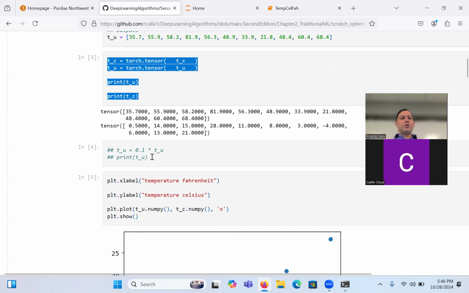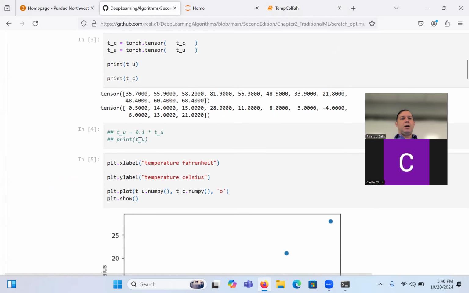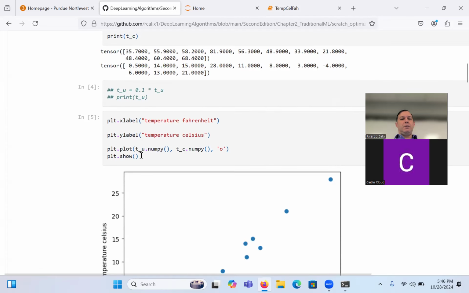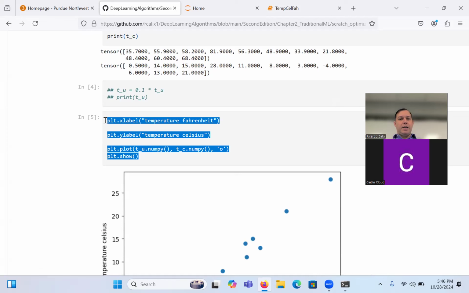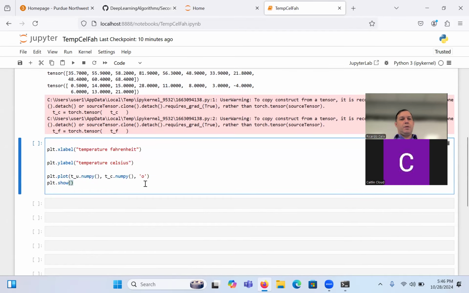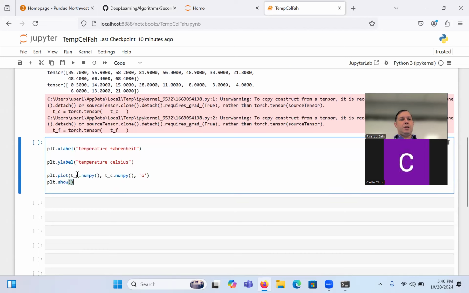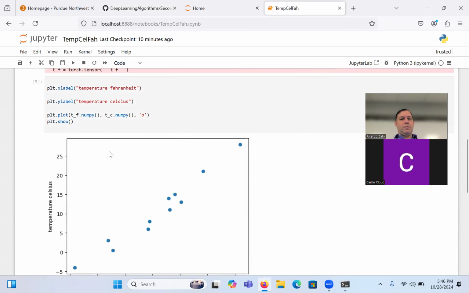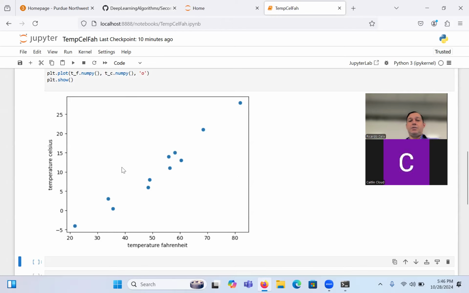So remember, we're gonna try to build a model here. So let's go ahead and plot our data. So X labels should be TC and TF. All right, so that kind of gives us an idea. So if it's 60, what's a Fahrenheit?